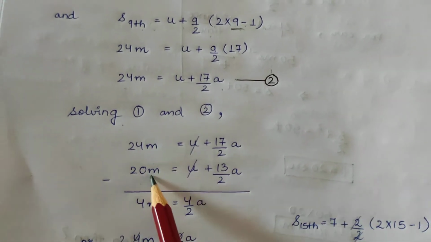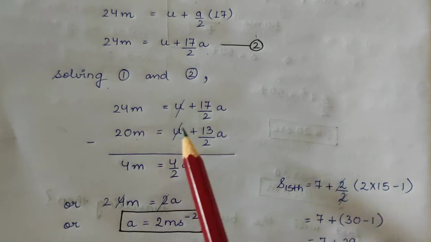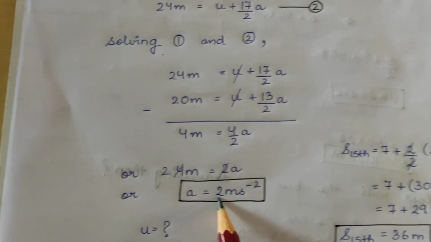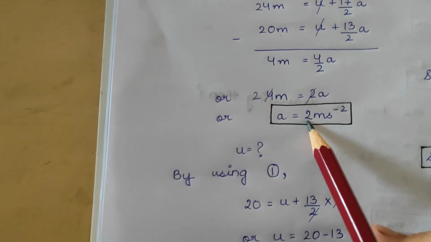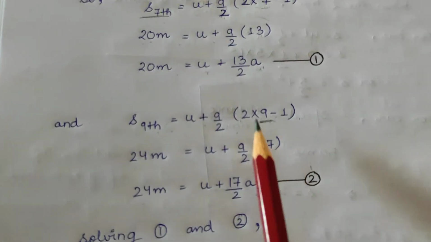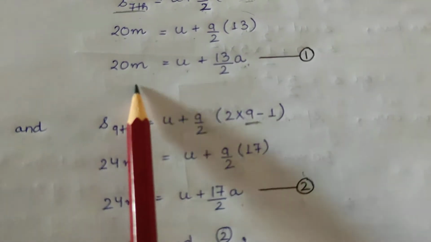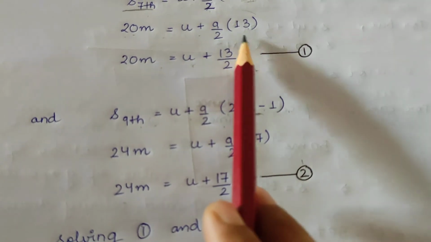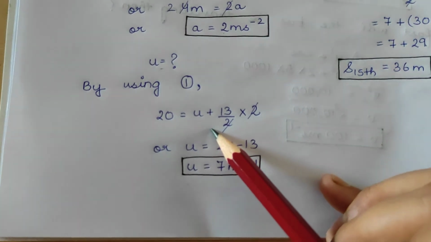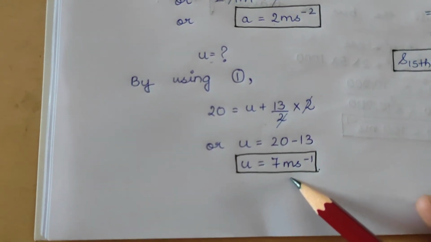If we subtract equation 1 from equation 2, u gets cancelled and we are left with a, which comes to be 2 meter per second square. Now to find the initial velocity u, we can take either equation. If we take the first equation and put in the value of a and solve it, we get u as 7 meter per second.